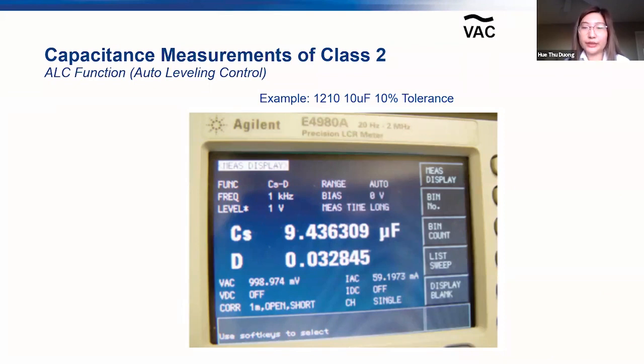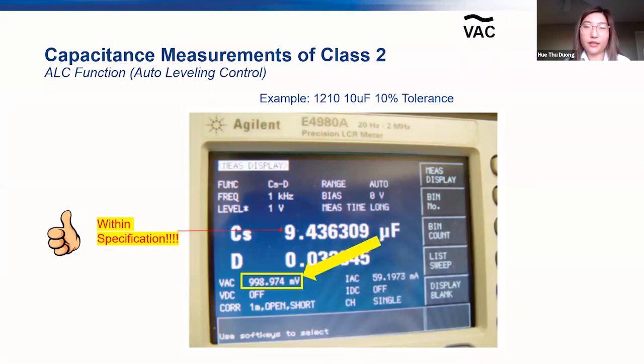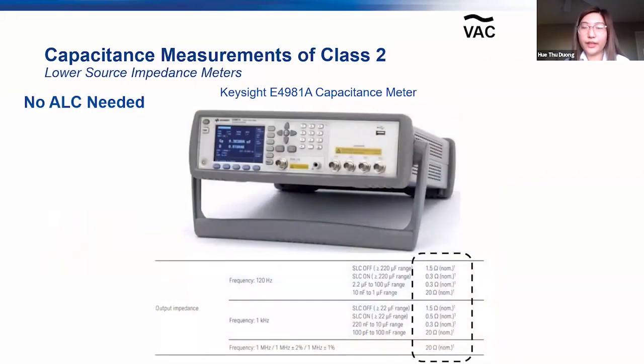And not only is it important to select a meter with an ALC function, but it's also important to select one that has the ability to output over 6 VRMS to overcome the source impedance. Now, after going through that, you'll see a much more accurate measurement. Some newer LCR meters will have this ALC feature built in, so you won't have to do it manually yourself.